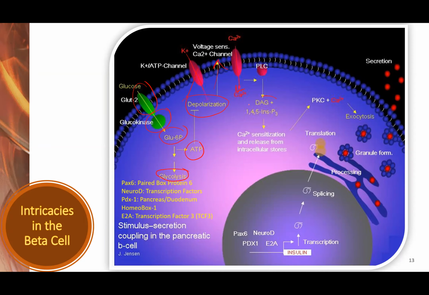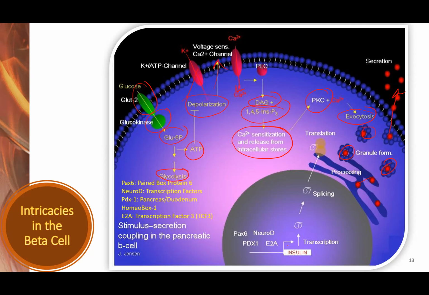Calcium comes in, and diacylglycerol and inositol 1,4,5-trisphosphate will form. Calcium sensitization releases the intracellular stores through PKC. Exocytosis occurs. These are the granules, synthesized in the endoplasmic reticulum and produced in the granules there, and they open and come out.